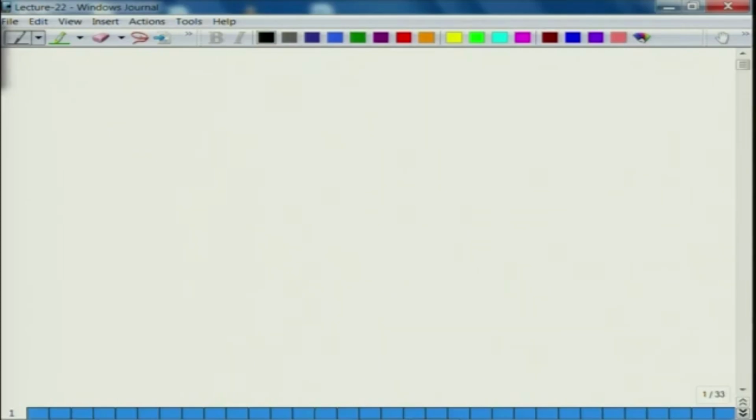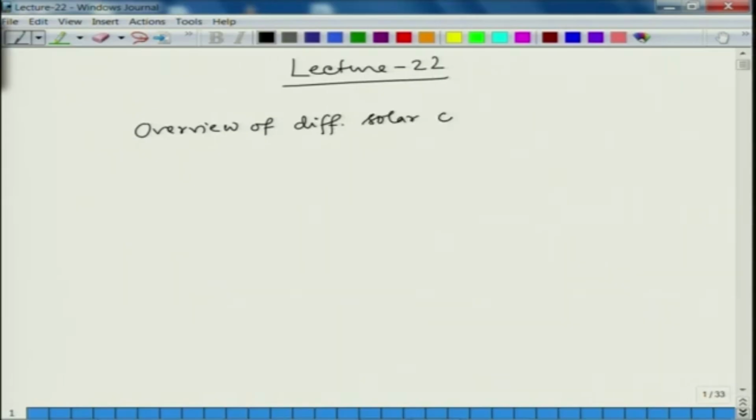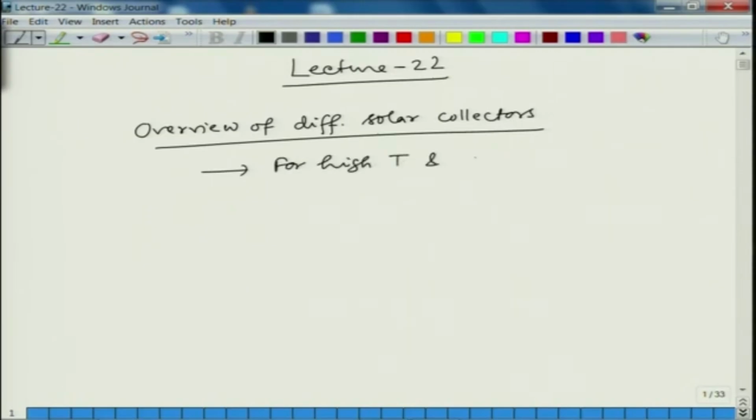Now, what we have learned, let me write the lecture number here as well. We are here at lecture number 22. From this overview of different solar collectors, what we get is that for high temperature and Q_u, the rate of useful heat gain, we need solar concentrators.